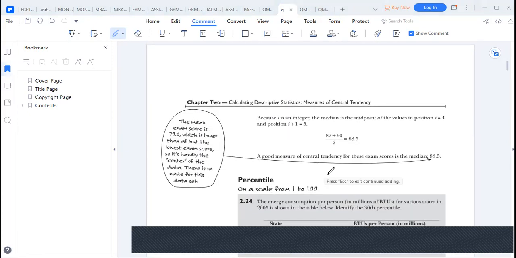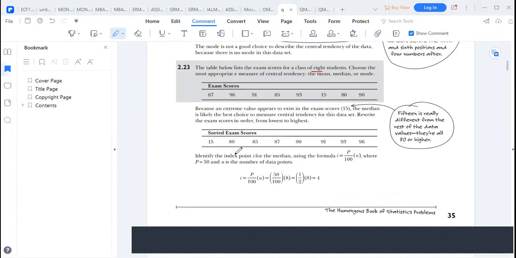So 4. What does this mean now? After arranging this data, these are already rearranged in order. So which one is the median? The 4th and the 5th, right? Whenever I have an even number, to find the median, it's the 4th and the 5th. What is in the middle?